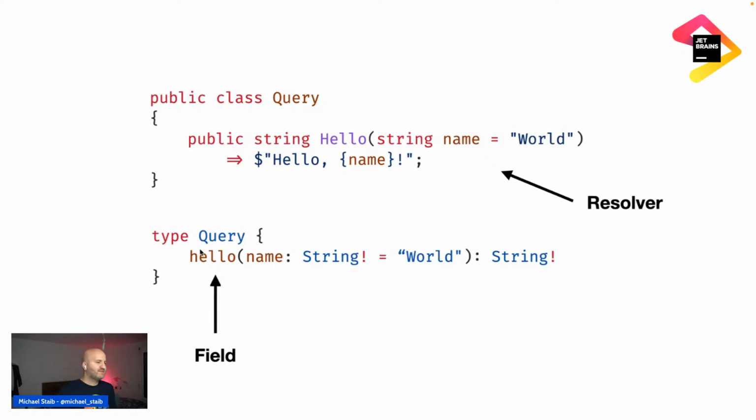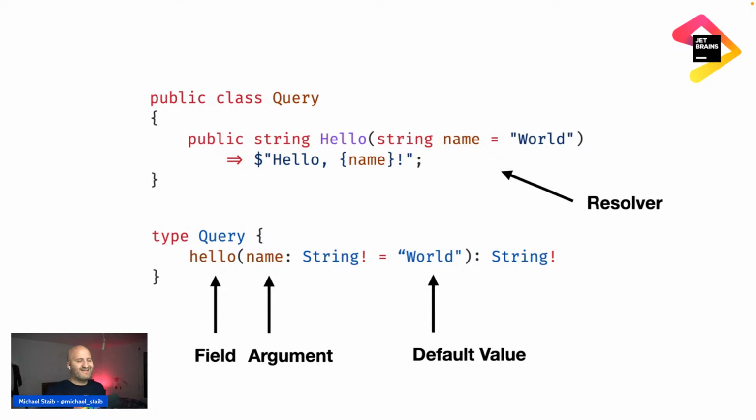And we call these guys here fields in GraphQL. And fields are like methods in C#. They can have arguments, and they can have default values. And they can even have more complex default values than we can have in C#. For instance, they can have object structures there. We cannot have that in C# as a default value.